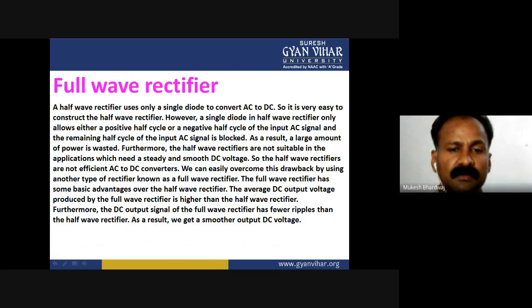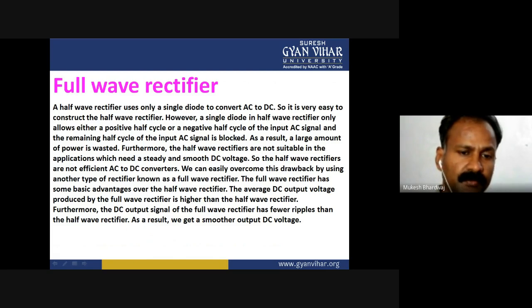We can easily overcome this drawback by using another type of rectifier known as the full wave rectifier. The full wave rectifier has some basic advantages over the half wave rectifier. The average DC output voltage produced by the full wave rectifier is higher than that of the half wave rectifier.